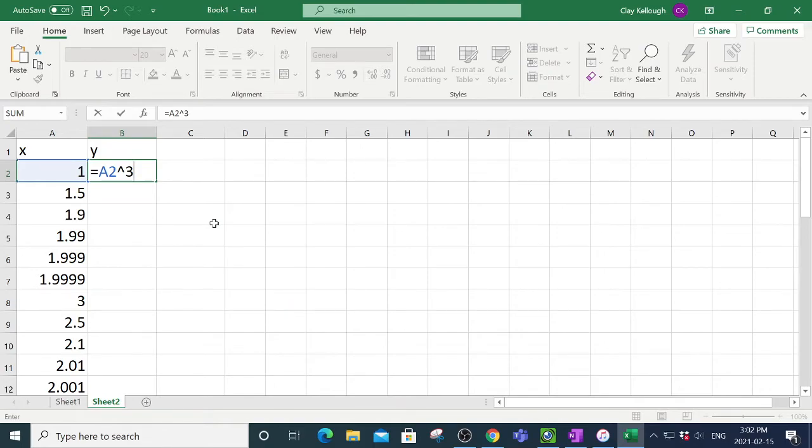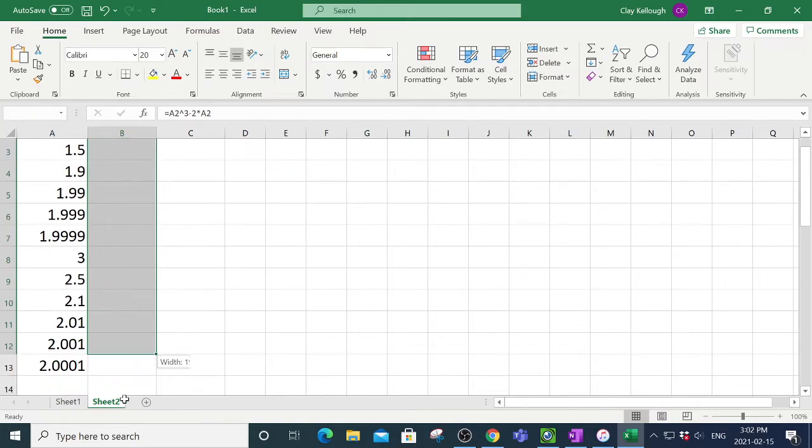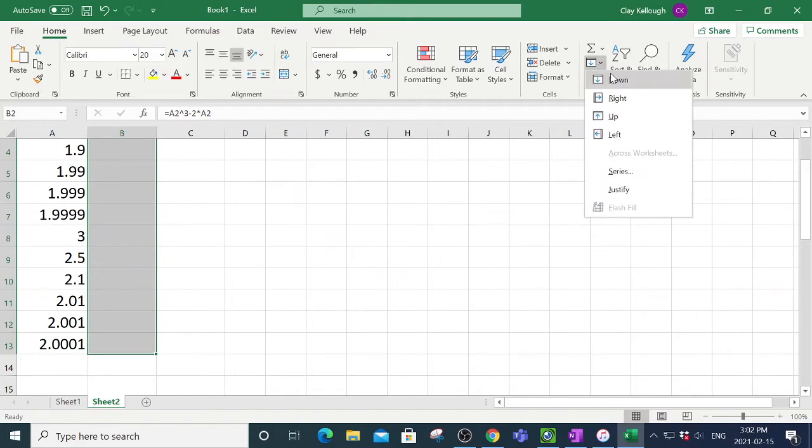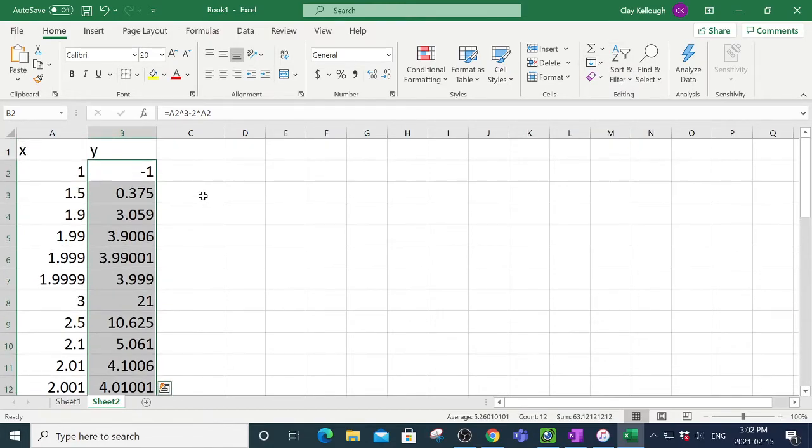And then minus 2 times A2. And so that's an easy one to do in your head. That should be just 1 cubed minus 2 times 1, which is negative 1. But the rest of them get kind of ugly to figure out. So if you just fill down, it will fill them all in for you. It'll run them all through that formula. And that saves you a lot of button punching.